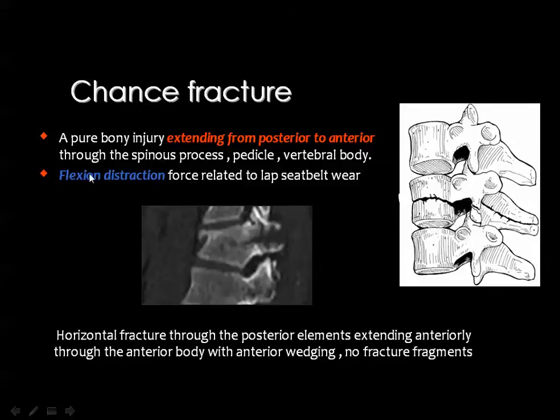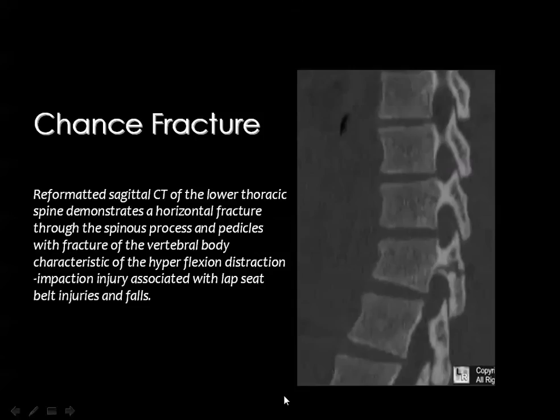And this is a flexion distraction fracture related usually to the seat belt of the car, for example. Then the fracture can be appreciated very well in the sagittal reconstructed images. So whenever you see the fracture line passing through the vertebral body and the posterior neural elements, then you assume that this is a chance fracture.